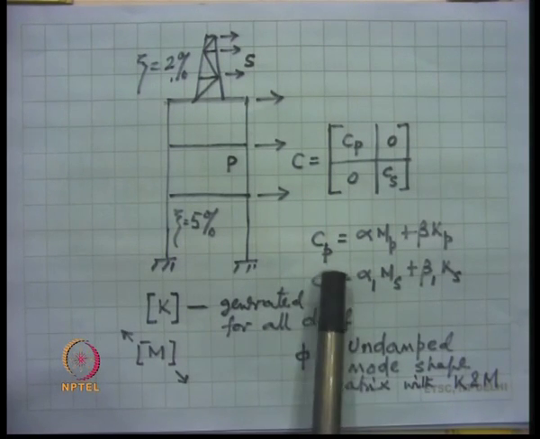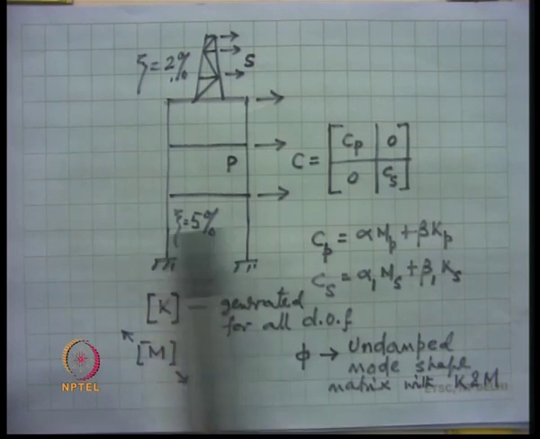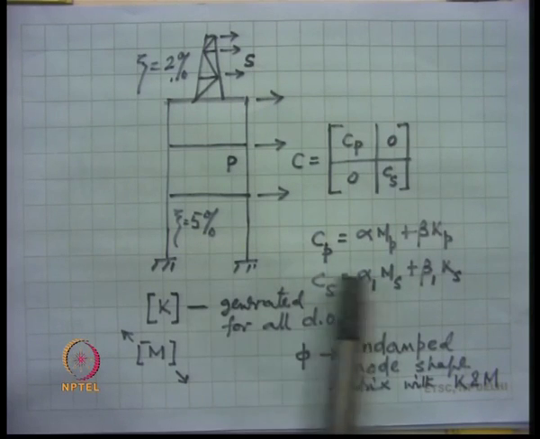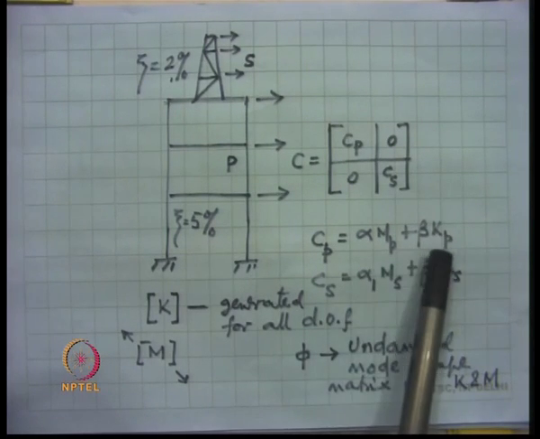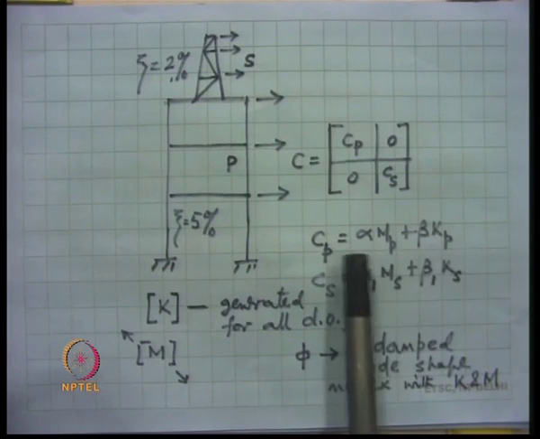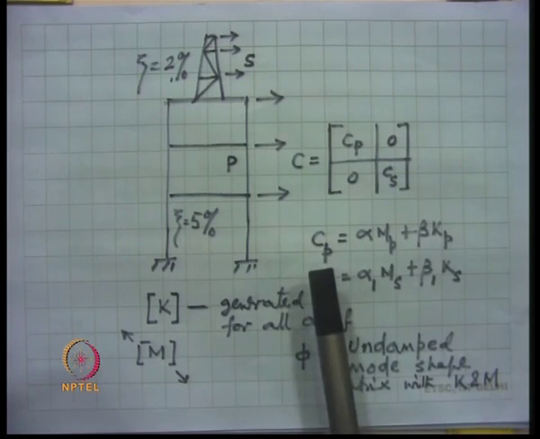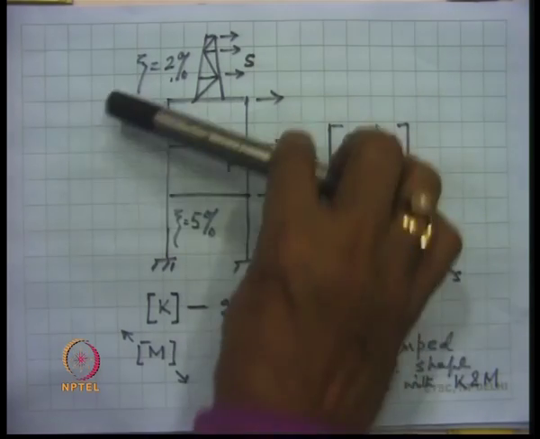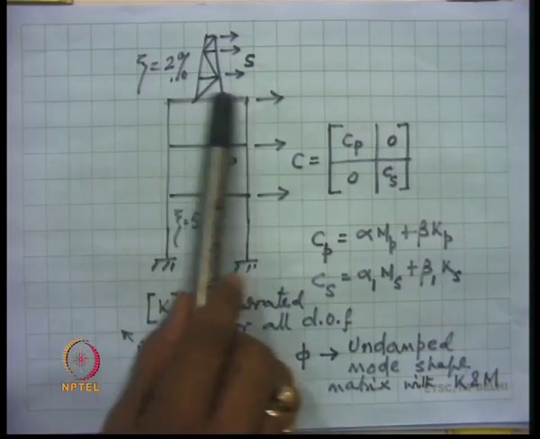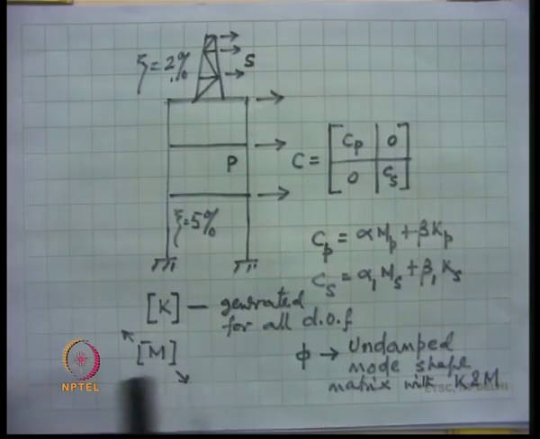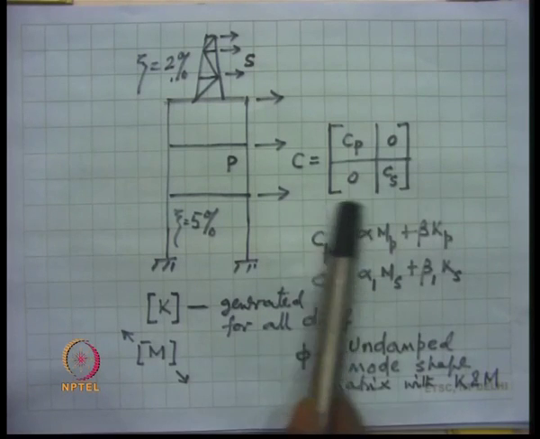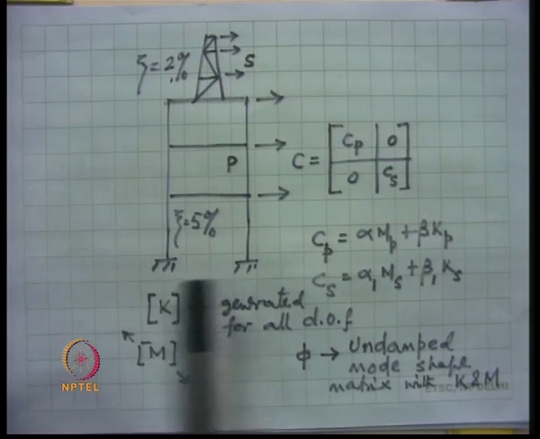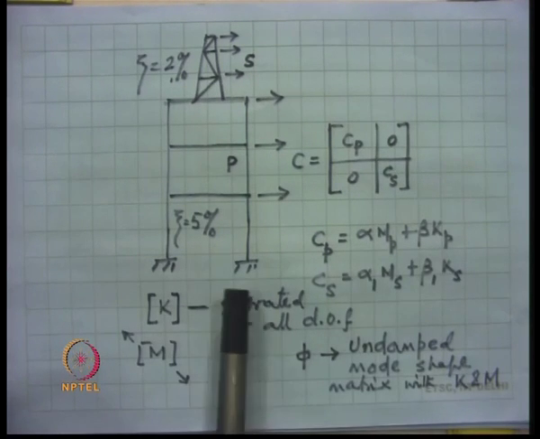So, we obtain the damping matrix corresponding to these 3 degrees of freedom by assuming it to be mass and stiffness proportional. So, we first find the frequencies of the primary system, and in that we completely decouple this secondary system. So, from that we get the damping matrix after obtaining the values of alpha and beta.